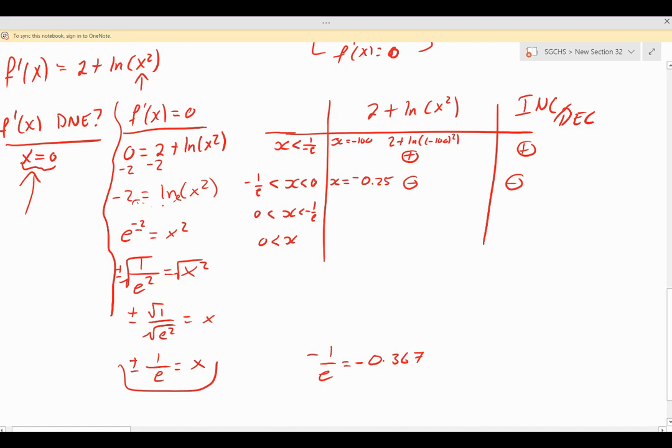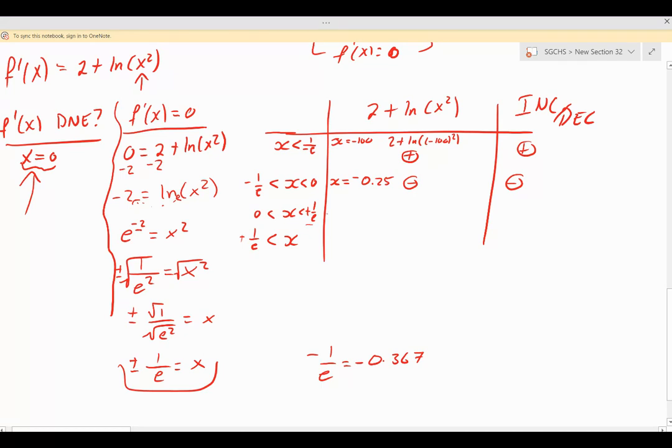Now, how about when you plug in between 0 and positive 1 over e? I seem to have set these up incorrectly. So hopefully you saw that even when I wrote that out, I did my intervals a little incorrectly.